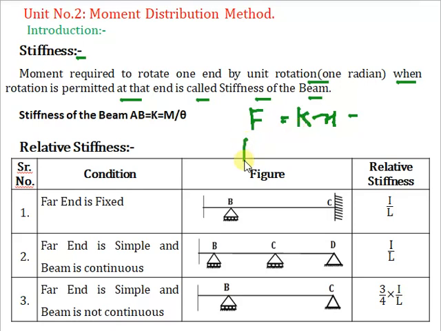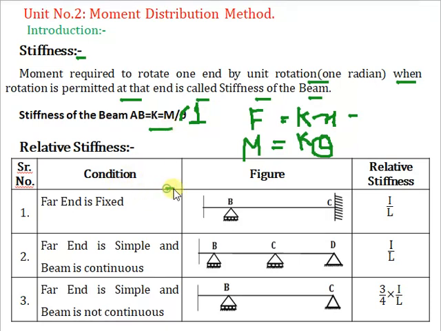So if it is for force, I may write it for moment as M is equal to K into theta, in terms of rotation. So stiffness of a beam I may write like this: K is equal to M divided by theta. If I put this rotation theta as 1, then stiffness becomes K is equal to M. That means the moment required to rotate one end by unit rotation.